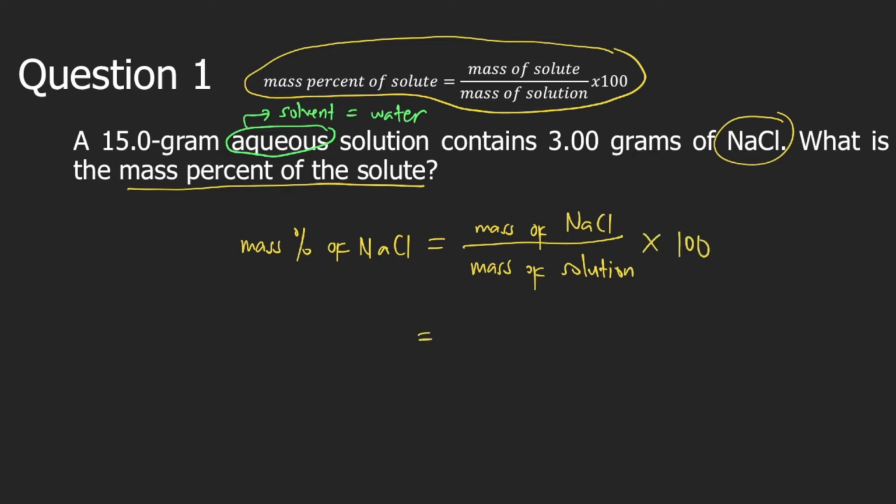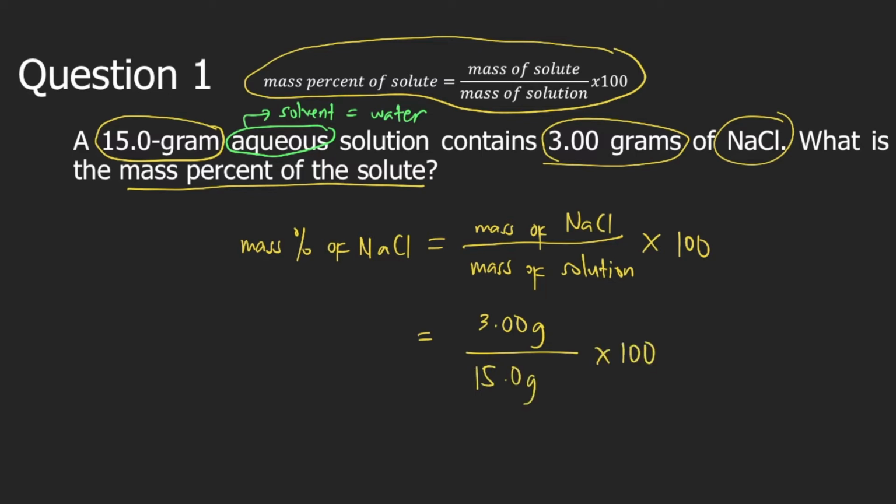According to the problem, the mass of NaCl is 3 grams, and the mass of solution is 15 grams. So grams will cancel out. So we have 3 divided by 15 times 100. If you compute this using your calculator, you will get 20%. And this is the mass percent of NaCl.